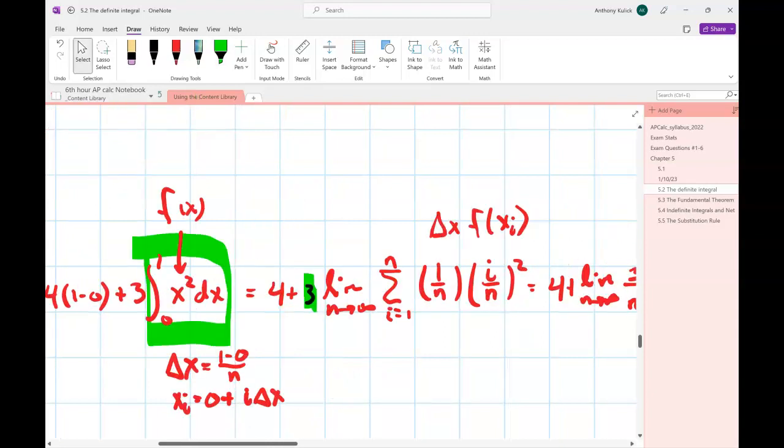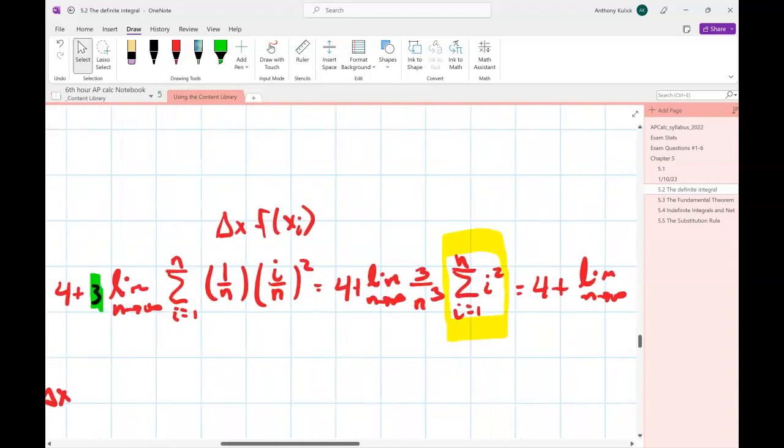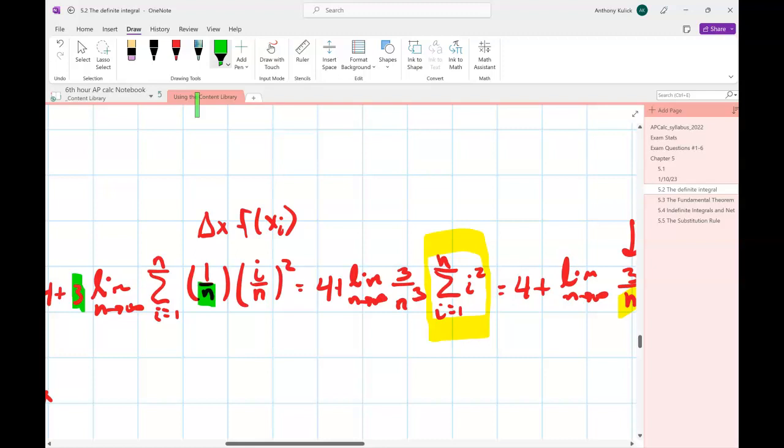And the n cubed, if I look, I have n times n squared, which is n cubed. I just pulled it out because it doesn't depend on i. Okay. So I can pull it out of the sum, but it still needs to stay inside the limit. Oh, so that's why the 3 is inside the limit, just because the n cubed is.